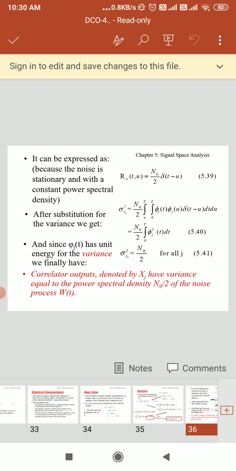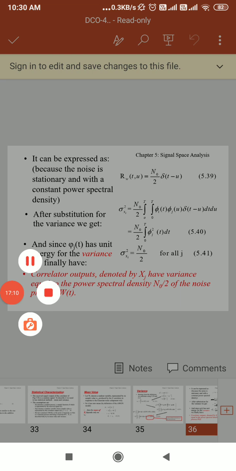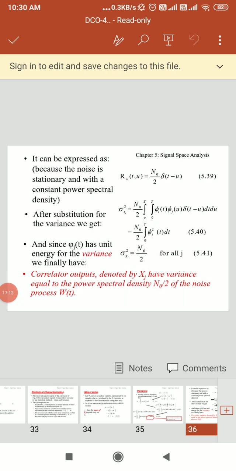So you will get that equal to N naught upon 2 integration 0 to T phi j square of t dt. Here phi j of t has unit energy, so we finally have sigma xj square equal to N naught upon 2 for all j. We can say the correlator output denoted by xj will have variance equal to the power spectral density N naught upon 2 of the noise process w of t.